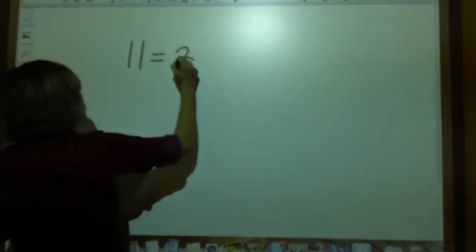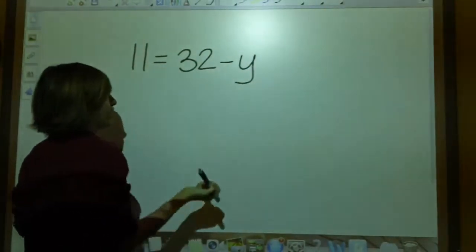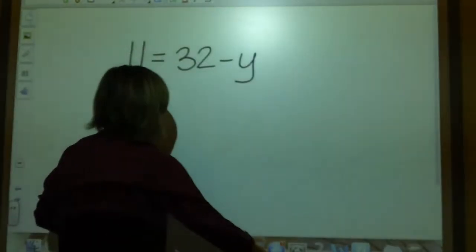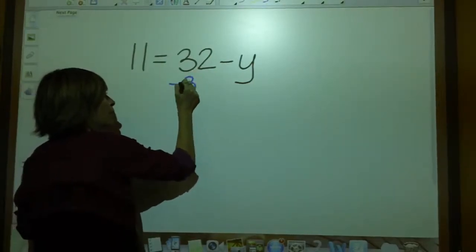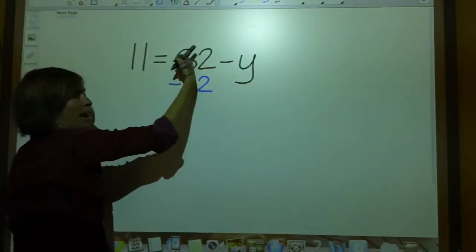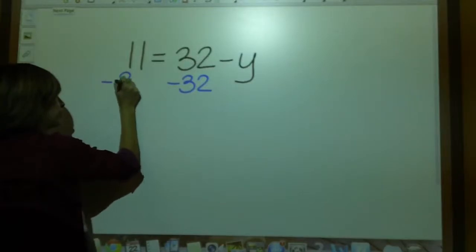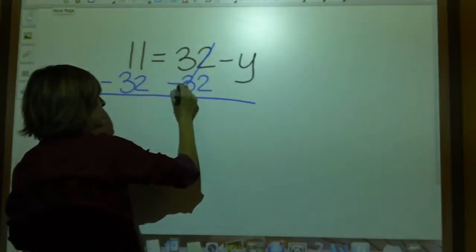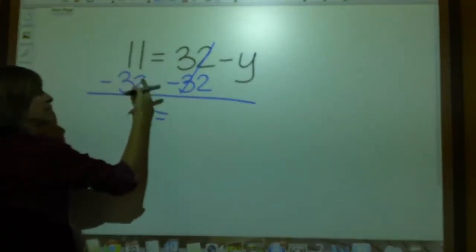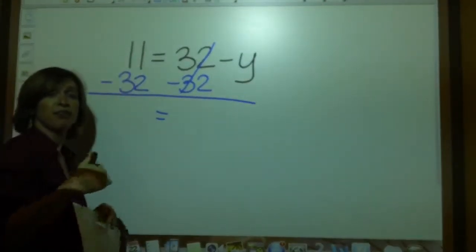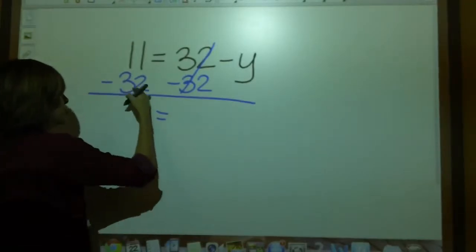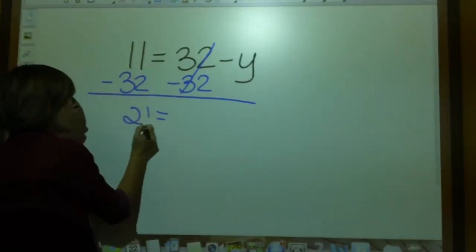11 equals 32 minus y. Okay, so this one's just a little bit trickier. I want to isolate the y. So I'm going to bring the 32 over by doing the opposite operation so that it cancels. And we get 11 minus 32. You got to be careful here. 11 minus 32, different signs, subtract the numbers. 32 minus 11 gives me 21.